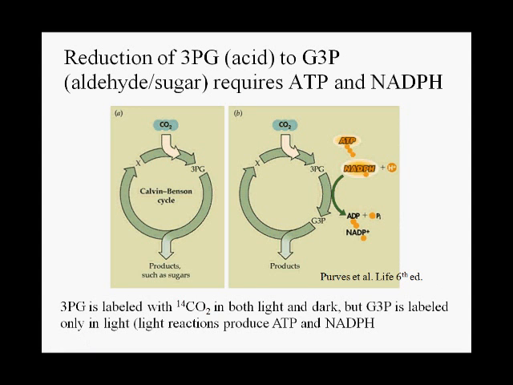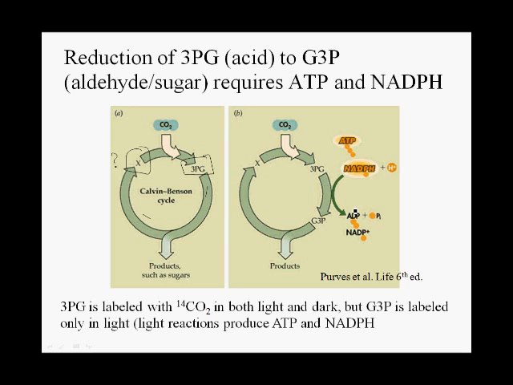So this is a diagram that summarizes their hypothesis that, first of all, it's a cycle. There's some compound X, which is still unidentified, which combines with CO2 to form 3-phosphoglycerate.